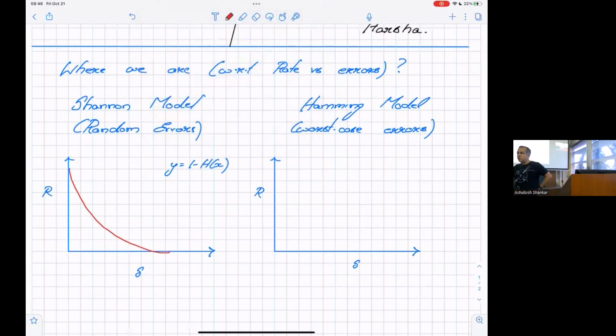But at the same time he also showed that there exist codes just epsilon below it. Basically, these two lines are the same. Just above the curve you can't achieve, just below the curve you can. The red line is the impossibility curve, the violet line is the achievability curve.